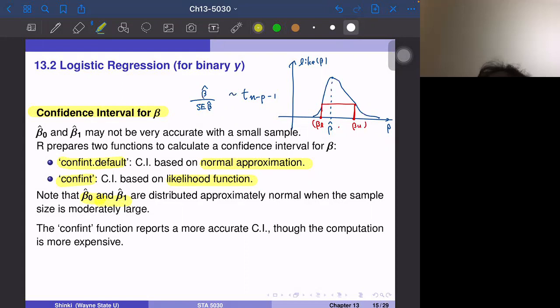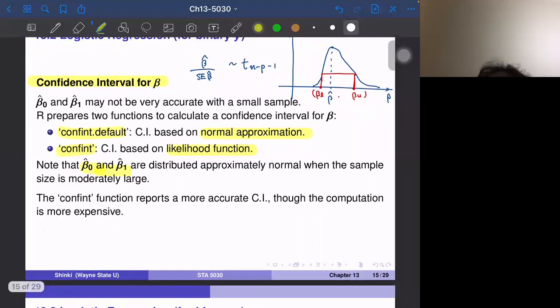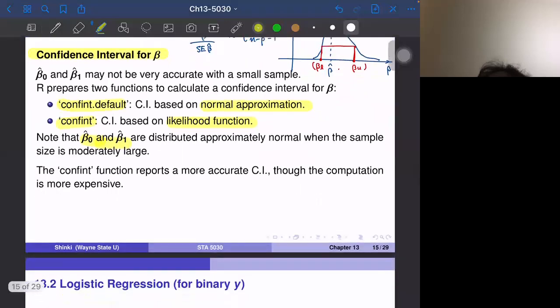So the distribution is not symmetric. If we want to estimate the 95% confidence interval, it's not necessarily best to make an interval whose center is 95. So the confint function is more accurate, but it's more complicated and computationally intensive.